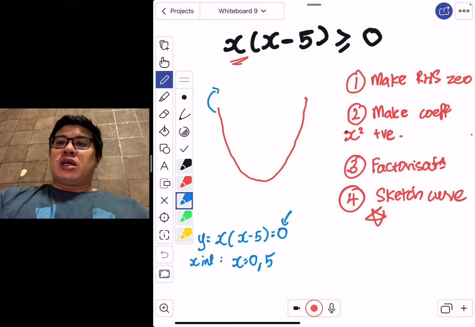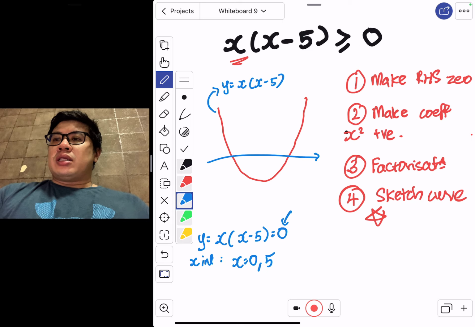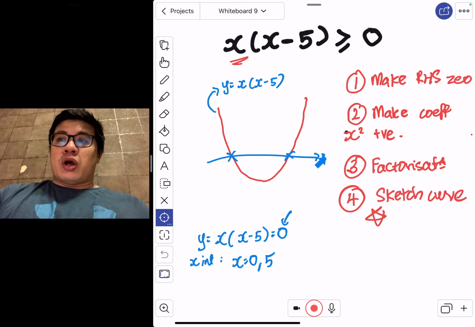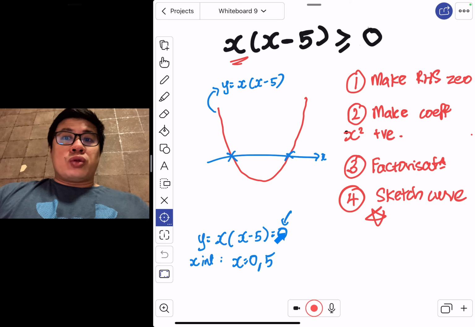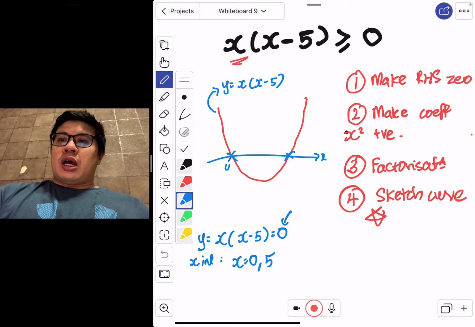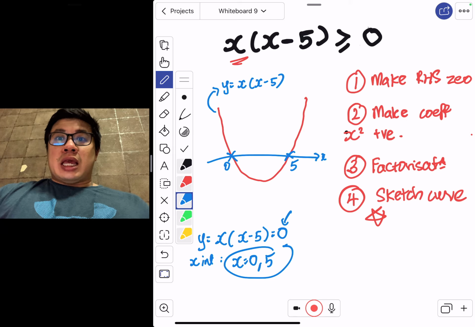You are sketching the graph of y = x(x - 5), and the points on the x-axis are the points where y equals 0. On the x-axis, the y value is 0, so the x-intercepts are also the solutions to x(x - 5) = 0. So we write 0 and 5 since they are our x-intercepts. Intercepts meaning they intercept the x-axis.